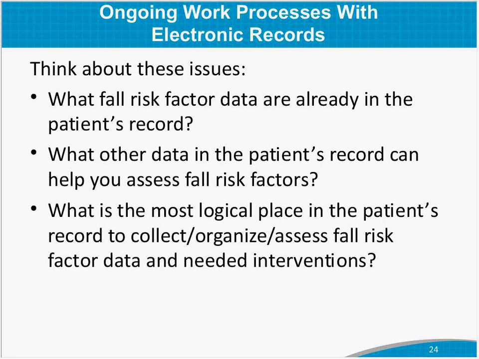What is the most logical place in the patient's record to collect, organize, and assess fall risk factor data and needed interventions? Make it easy so you don't have to dig deep through the records. I know that has been a problem because there are a lot of things in a lot of different areas. So try to find an area where you can actually put these things.